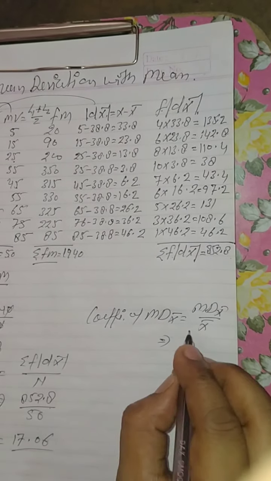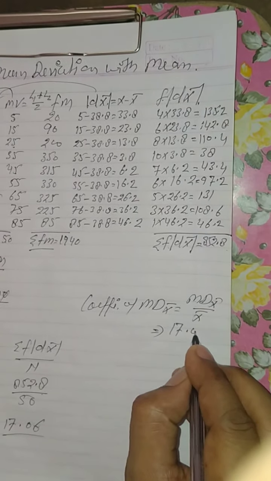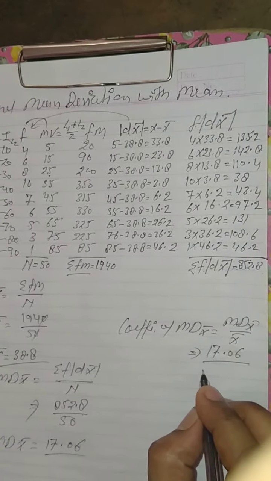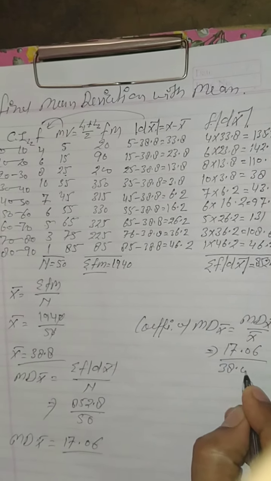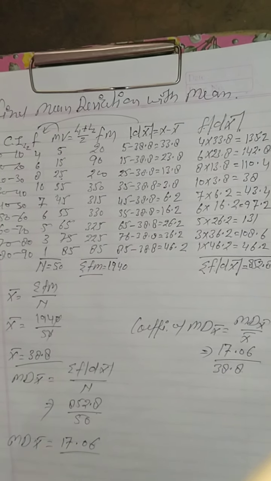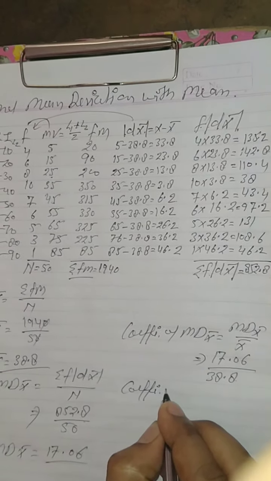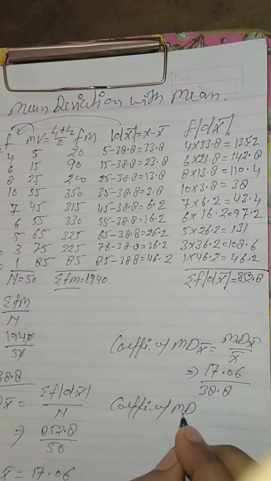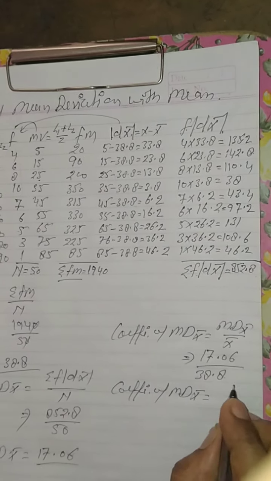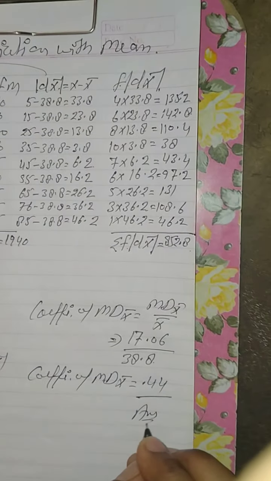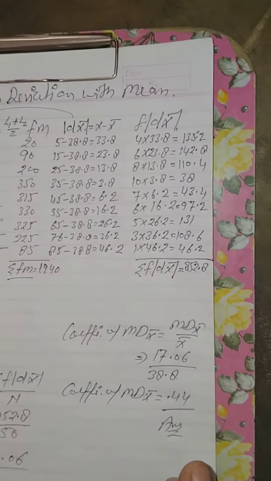That's your 17.06, and the mean, that's your 38.8. So the coefficient of mean deviation about the mean is equal to 0.44. That's your answer. Clear beta?